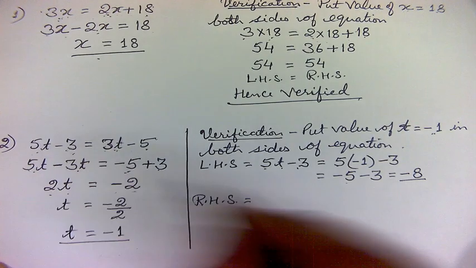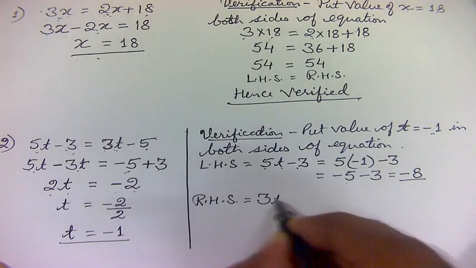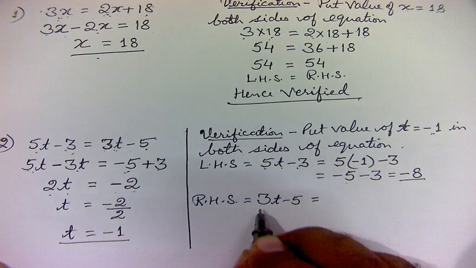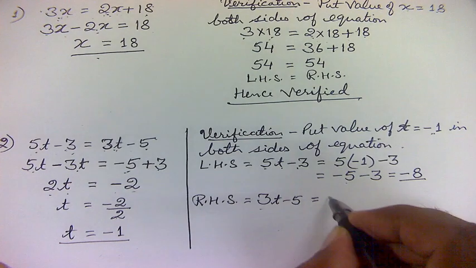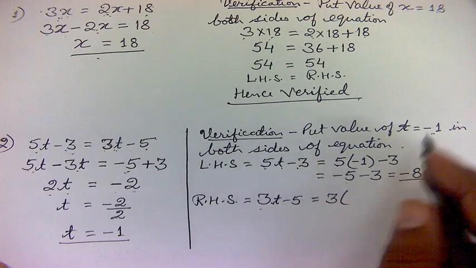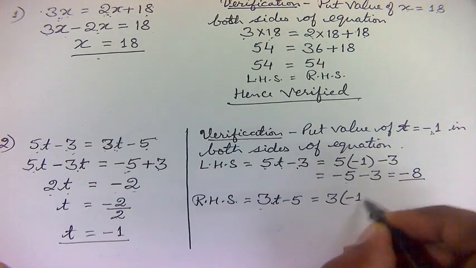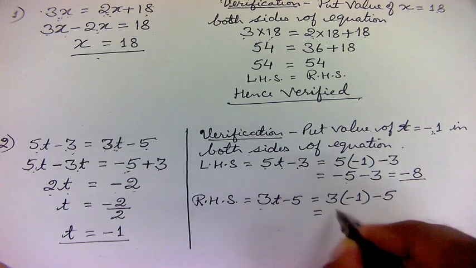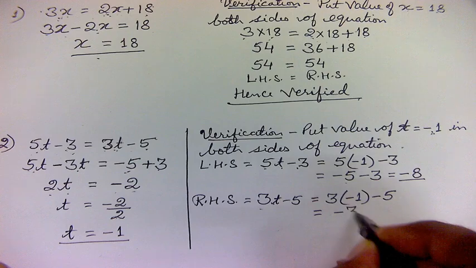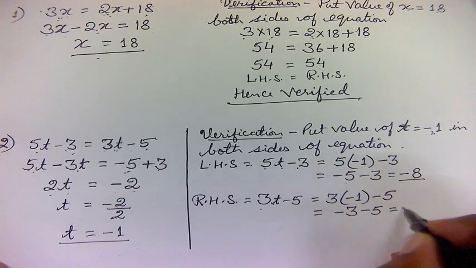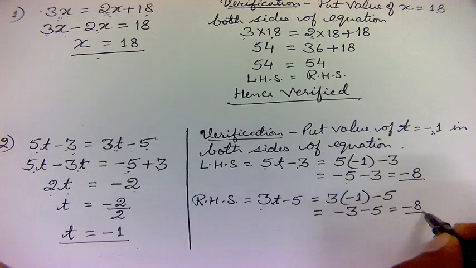Now you can take the right hand side. So what is right hand side? It is 3t minus 5. So 3t minus 5 means 3 multiply t, and what is t? It is minus 1. So 3 multiply minus 1 and minus 5. Now 3 multiply minus 1 is minus 3, minus 5, and this is equal to minus 8.